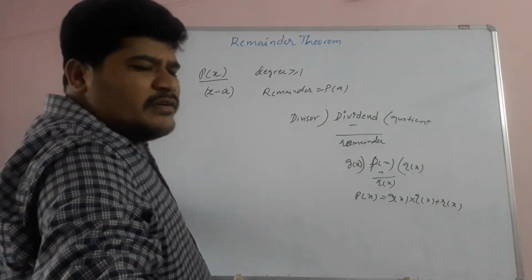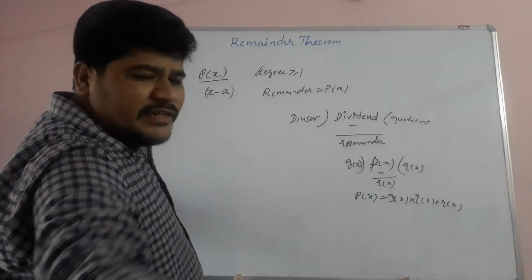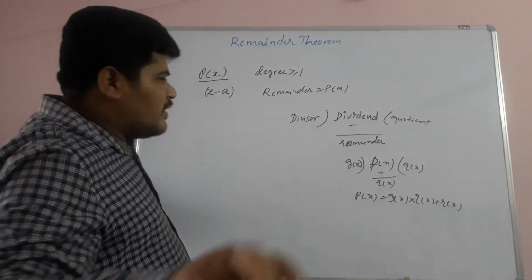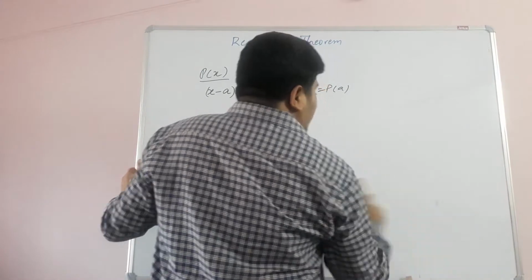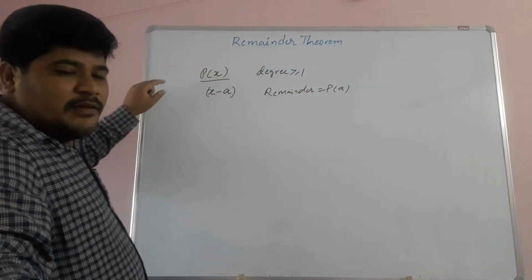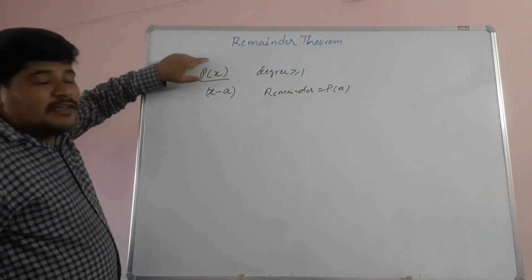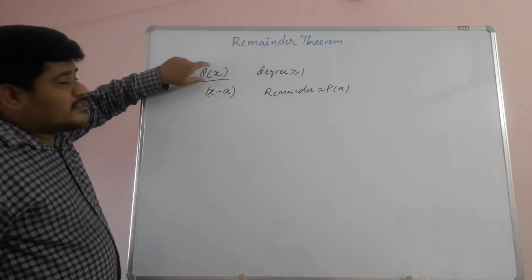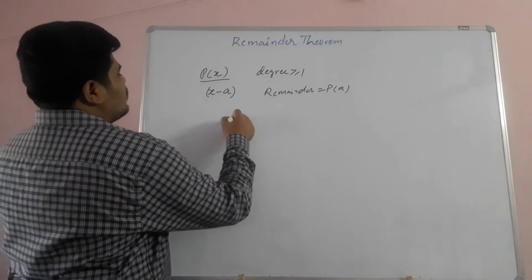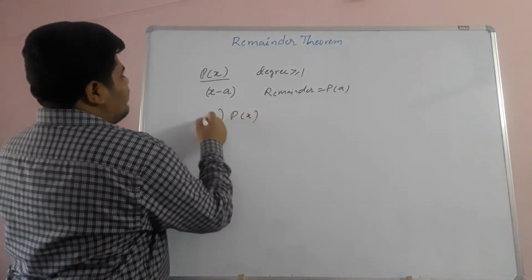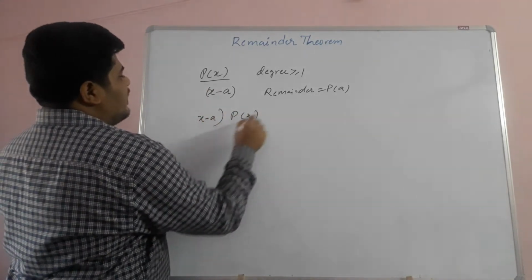So children, we will use this division algorithm to prove the remainder theorem. How? We are dividing the polynomial p of x by the linear polynomial x minus a. So p of x is here and we are dividing it by x minus a.